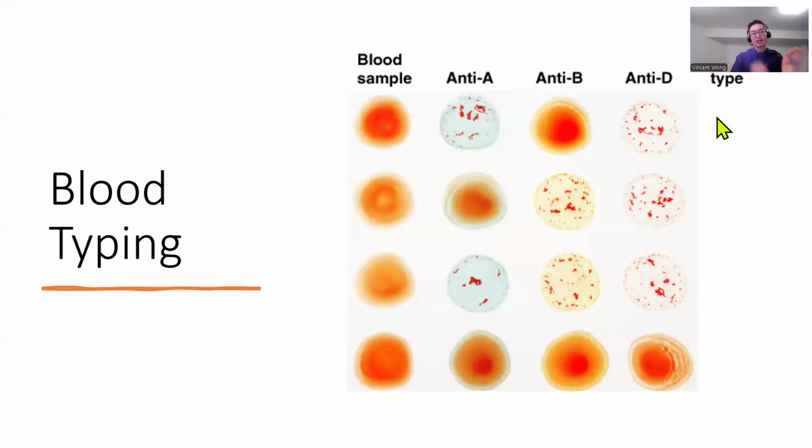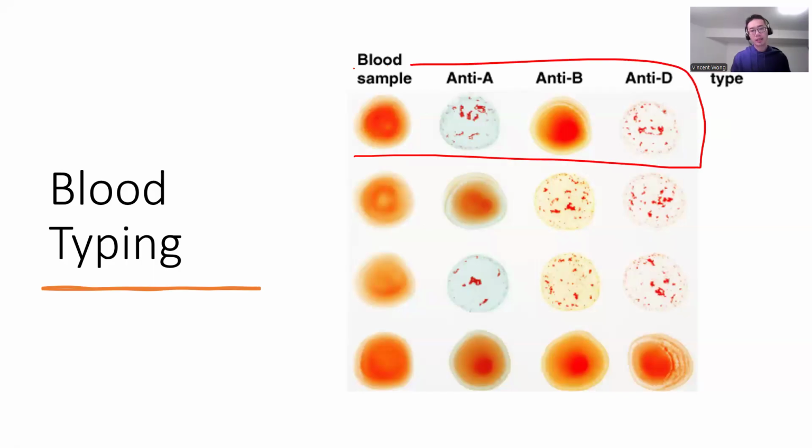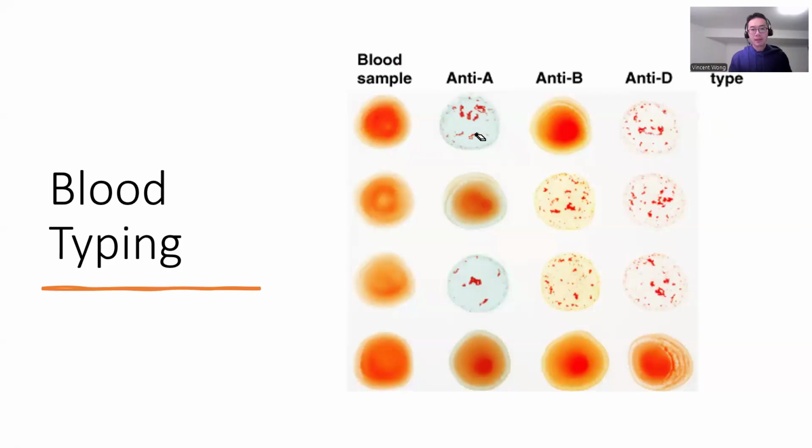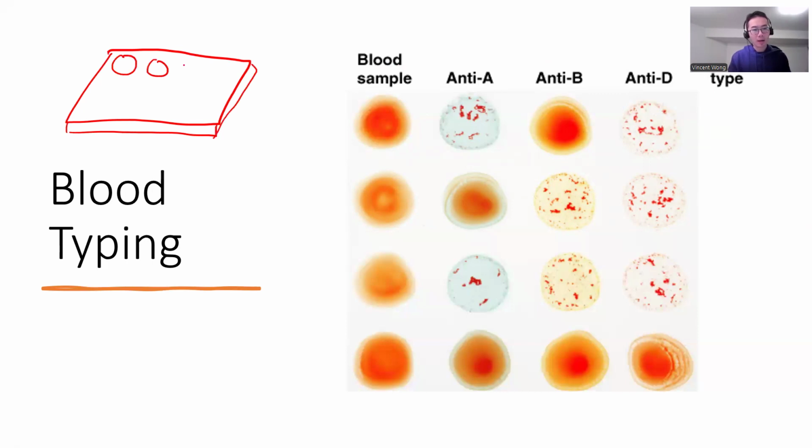So watch it, and it will help you understand more. But this is how it goes. We have a blood sample here, and then we read the sample by row. It's like a plastic plate, and the plastic plate basically has wells in it.